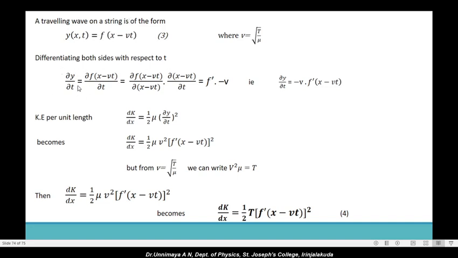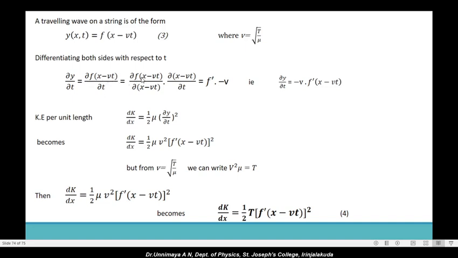So what will be the differential? Dou y by dou t will be equal to, we have done this differentiation before. Here y is a function of two variables x and t. So when we differentiate with respect to t, we do partial differentiation, keeping the term x constant. So dou y by dou t will be equal to dou f of (x minus vt) by dou t.